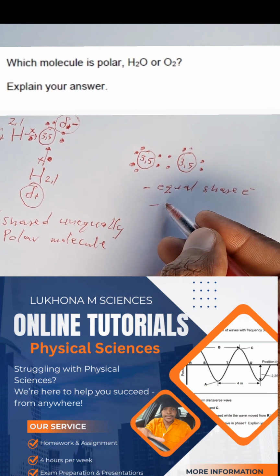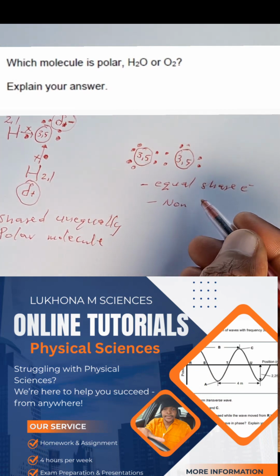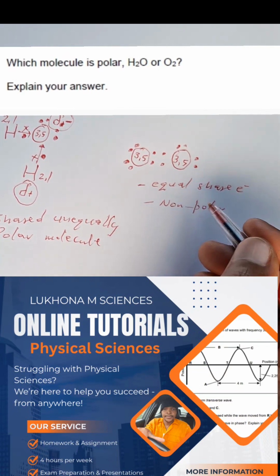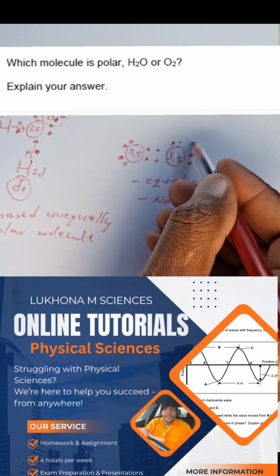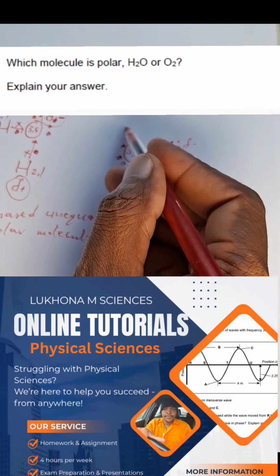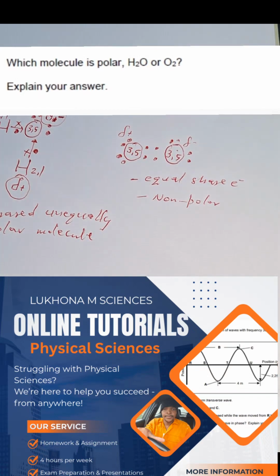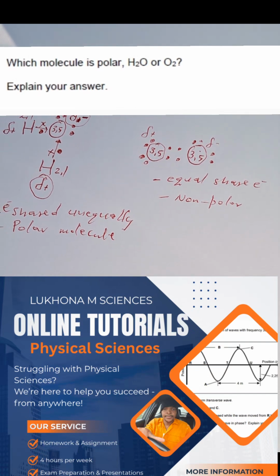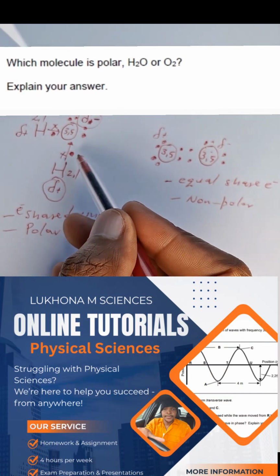Equal share, which means this molecule is non-polar. So this end is partially negative, even this one is partially negative. So it is the same at both ends, it is the same, so it's non-polar. Let's check the bonds here.